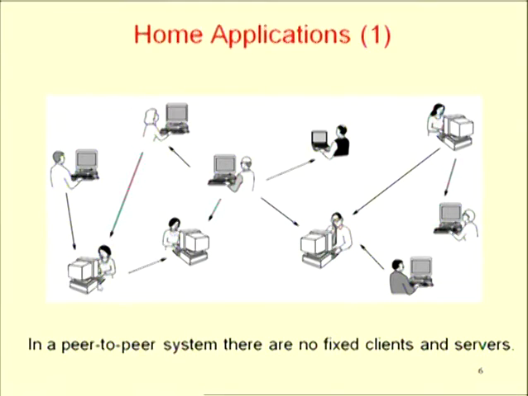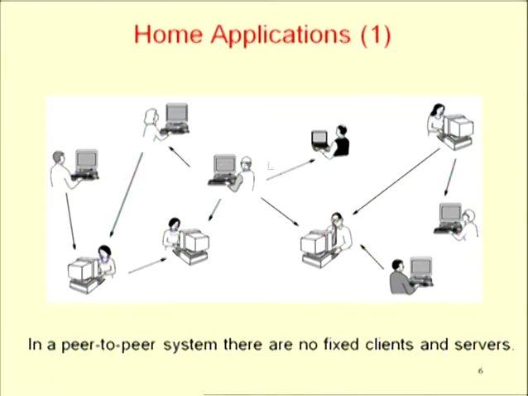In this figure we have a peer-to-peer system of network. In a peer-to-peer system there are no fixed clients and servers defined. What we are seeing here is multiple computers, but we will not identify them as client PCs.